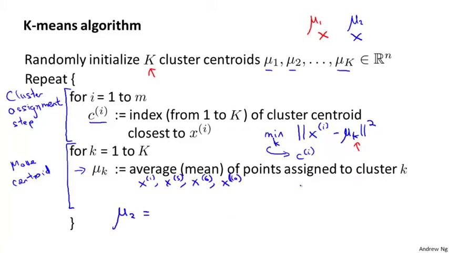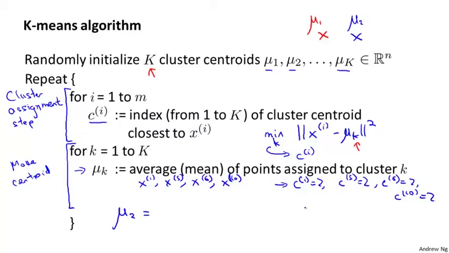What this means is that c1 equals c5 equals c6 equals c10 equals 2. If we got that from the cluster assignment step, then that means that examples 1, 5, 6, and 10 were assigned to cluster centroid 2.